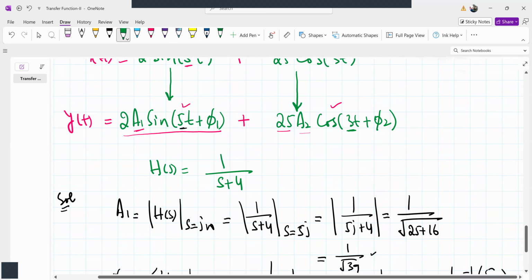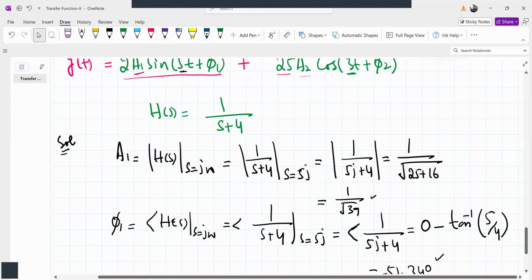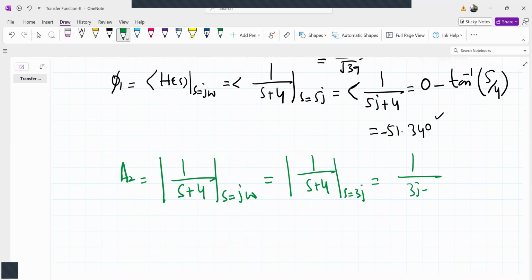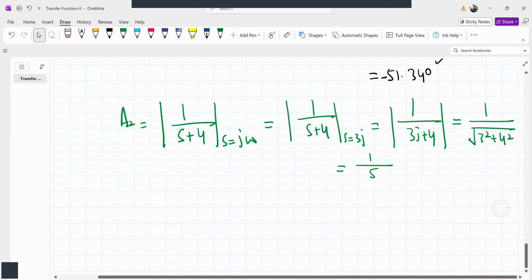Omega for this source is 3. So replacing s by 3j, we get the magnitude of 1 divided by 3j plus 4. Now this is a complex number. The numerator magnitude is 1, the denominator magnitude is under root of 3 squared plus 4 squared, which is under root of 25, so 1 by 5. Please check the calculations one more time.